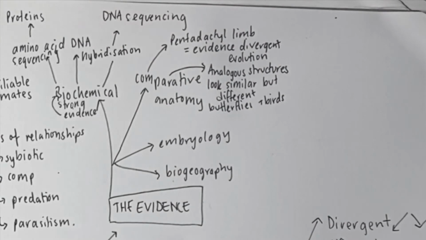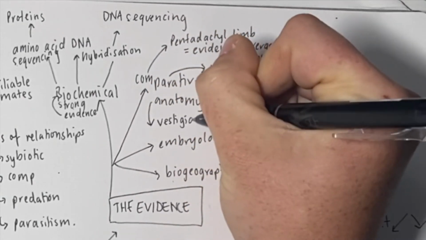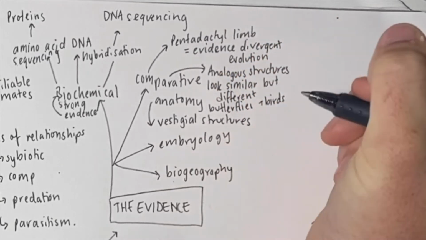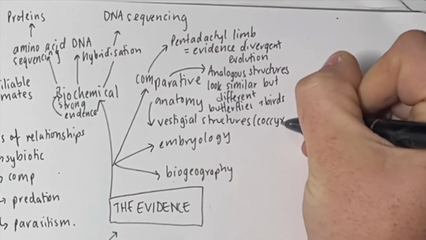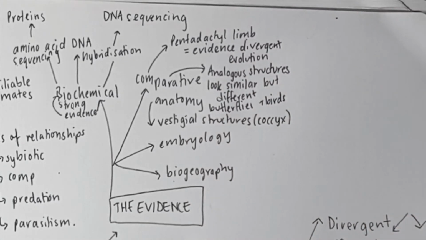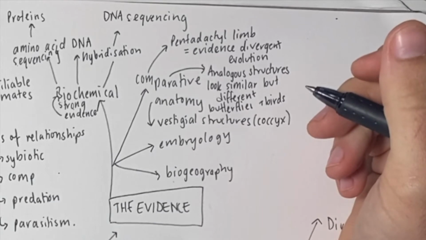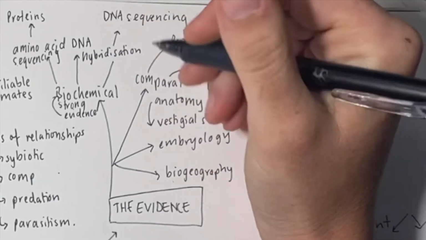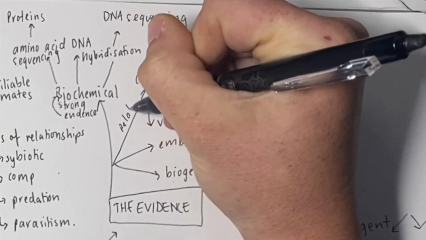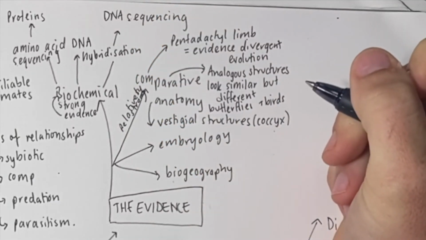For example, wings on butterflies and birds: having similar structure doesn't always mean that they're related. The last is vestigial structures, which are structures that are no longer used by the most recent species. For example, the coccyx in the human, that's the tailbone. Comparative anatomy provides relatively strong evidence to support the theory of evolution. However, the biochemical evidence is far stronger.